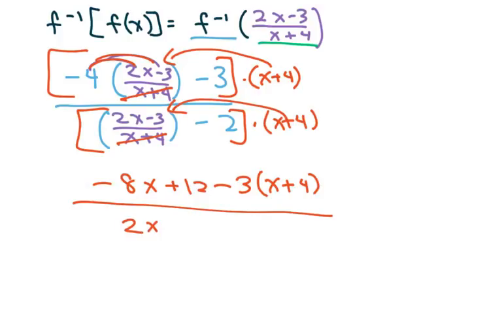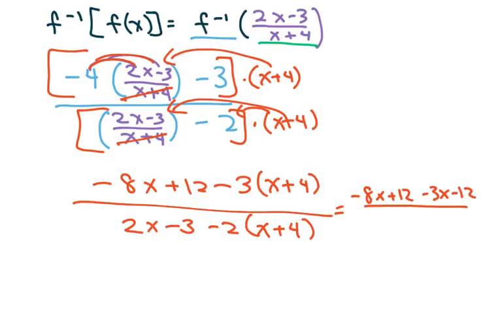You just have 2x minus 3 minus 2, and you have to distribute that, x plus 4. Clean that up, and you're going to get negative 8x plus 12 minus 3x minus 12 over 2x minus 3 minus 2x minus 8.